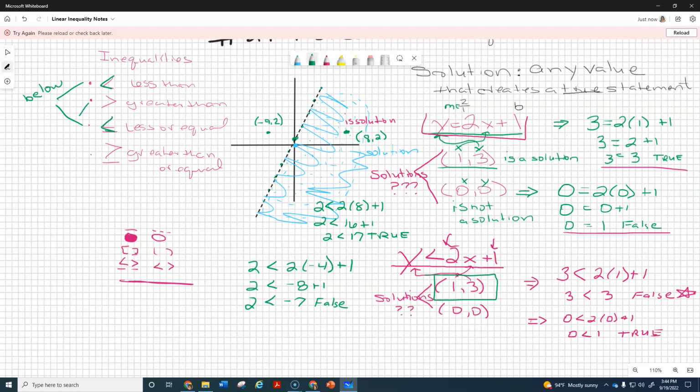And then the greater than or equal to, those are going to be shading above your line. So that's a quick glance and tell, but you should always do a plug and chug to verify that your shading is correct.